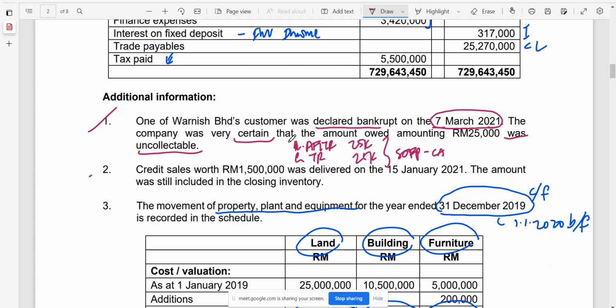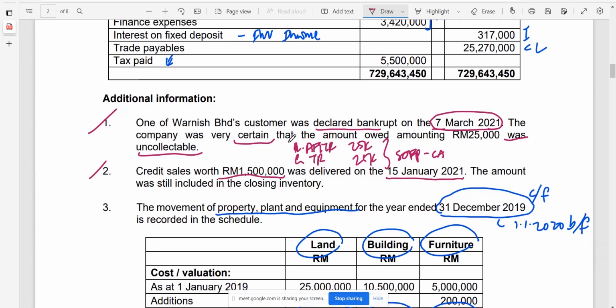Number two is about sales that you have recorded worth 1.5 million. However, it was only delivered on 15th of January. So the performance obligation is not satisfied since it was delivered after the reporting date. So this is not the sales for the year. It should be the sales for the next accounting period, 2021, but somehow it has been recorded as a credit sale for this year.